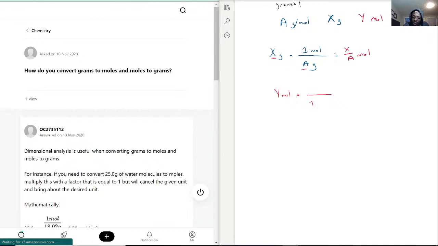So now the 1 mole would be at the bottom to make sure it cancels out, and the a grams would be at the top. When you do the math, it ends up being y times a grams of the molecule in question.